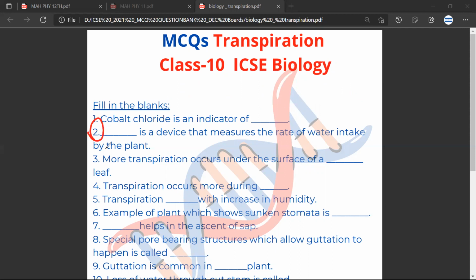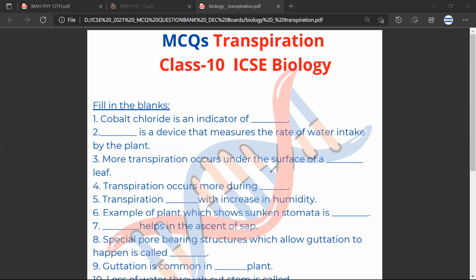Right? Question number 3. More transpiration occurs under the surface of a dicot leaf. I think you'll have to look at the 5th page of the chapter.